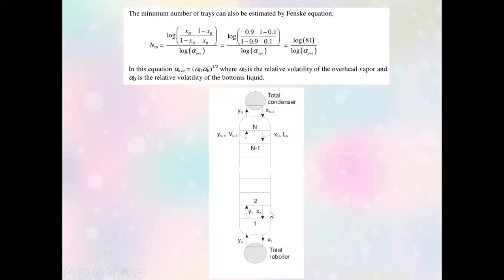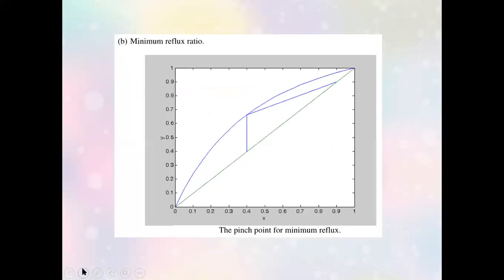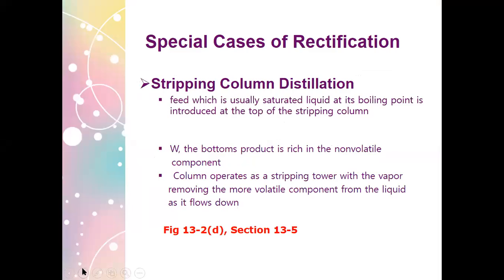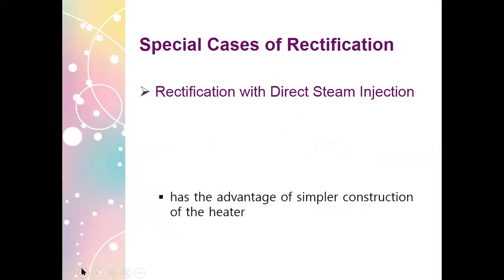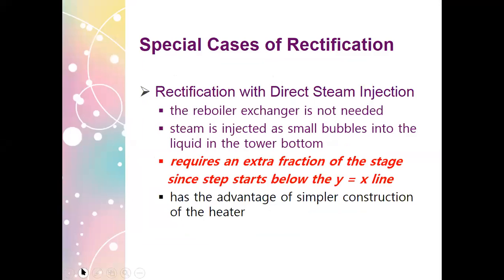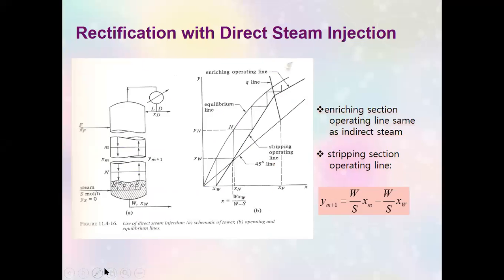We only have the stages in the column, but the total condenser and the reboiler are, shall we say, auxiliary equipment for your column. It was just placed in there because in the industry, there are columns in which the topmost part is already the condenser, where the leaving vapor from the topmost plate is directly condensed or turned into liquid. Okay, so that's for the direct steam injection.